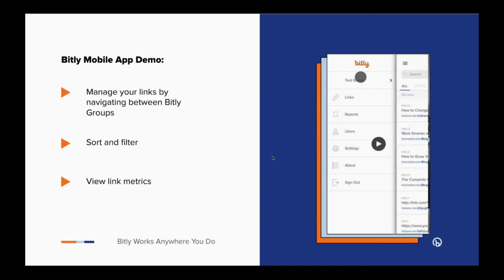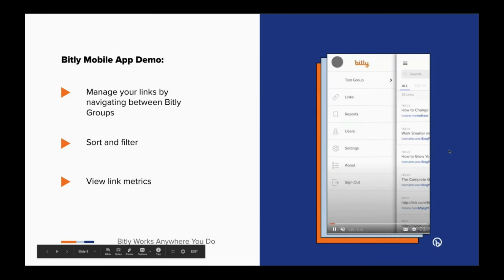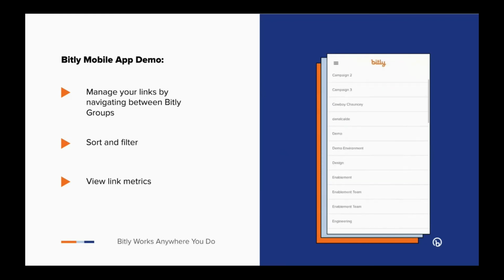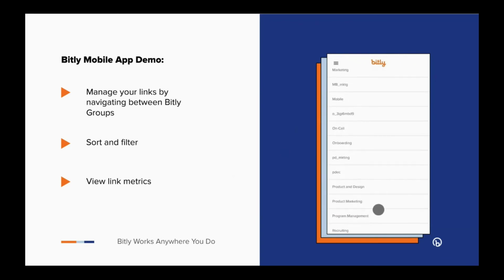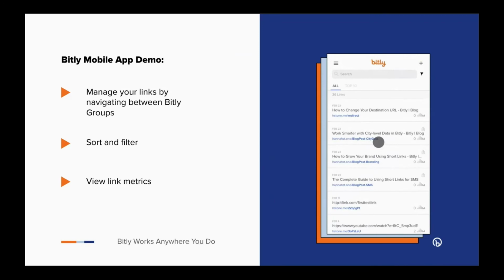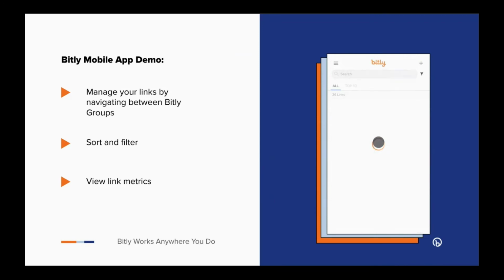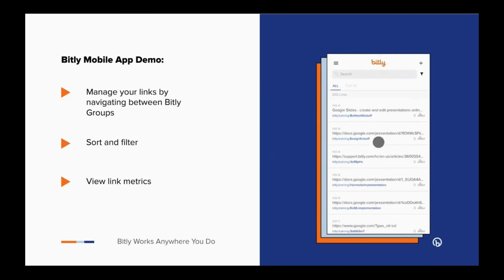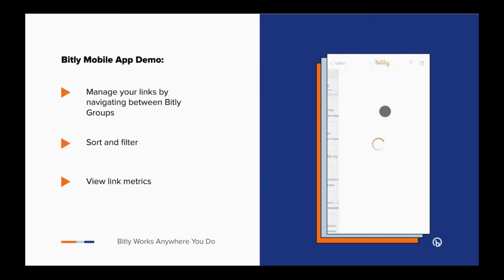of your links. So if you are an enterprise or developer user, you can actually navigate in between the different groups. So right now I'm inside my test group. I can switch my groups down to a different enterprise group that I'm working in. Then I can view those links. It's also going to give me the opportunity to sort these links, find the information that I'm looking for.